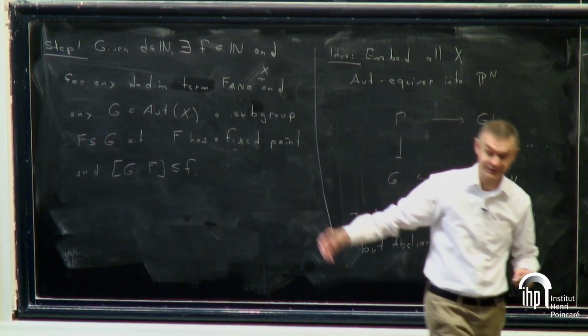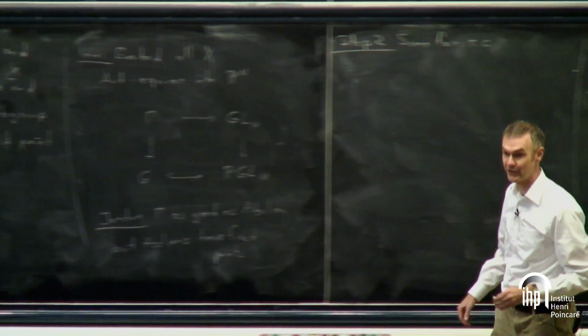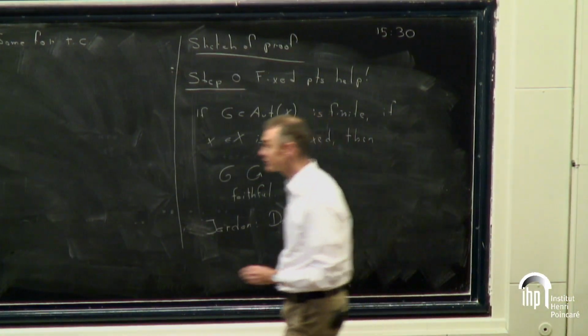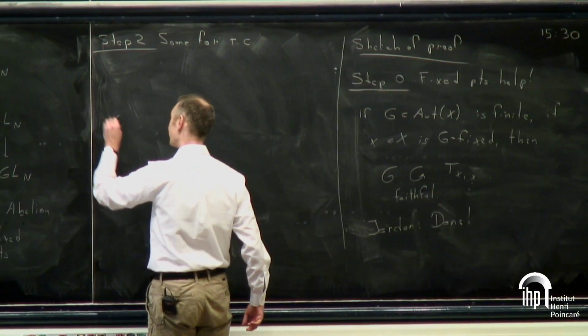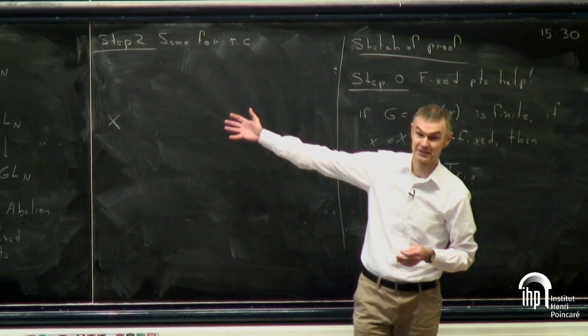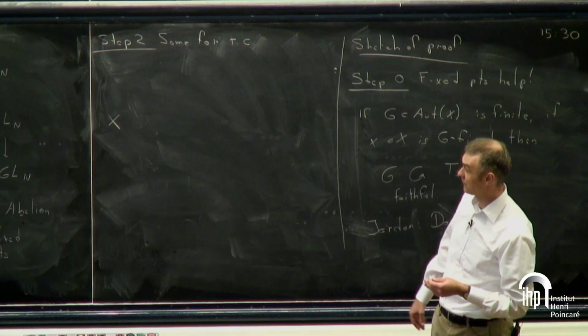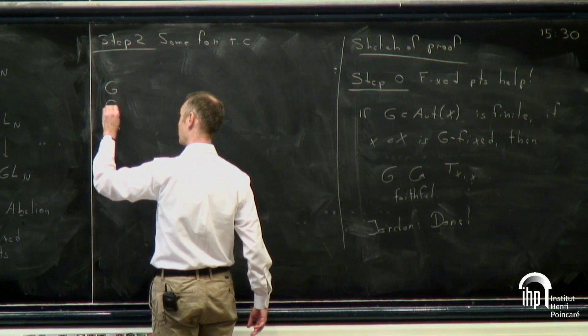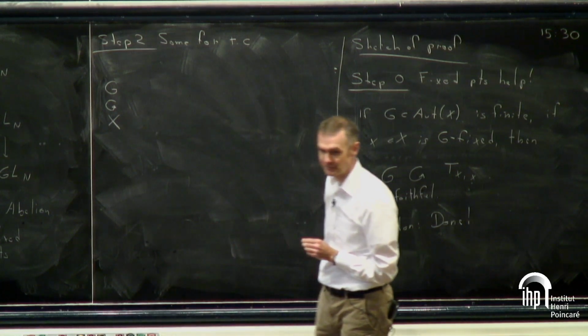Now how do I do this? I will just draw a little diagram and explain this in words. So we start with a variety that's rationally connected, nastily singular maybe, and we have the group G, a finite group of automorphisms acting on there.